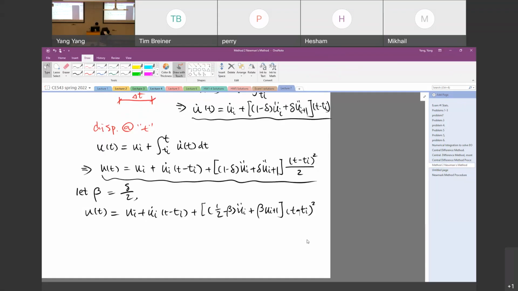So there are three popular Newmark methods. In the future, if you use structural software to do time history analysis, the software will ask you which Newmark method to use.